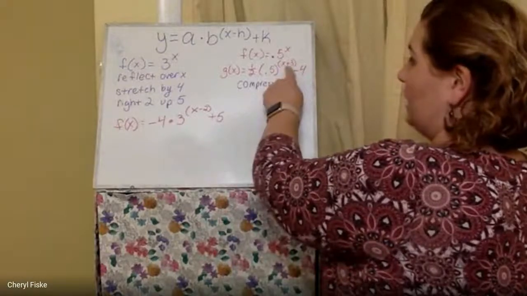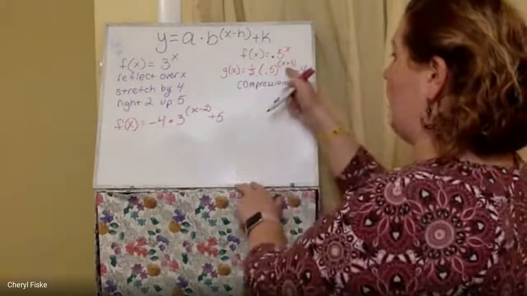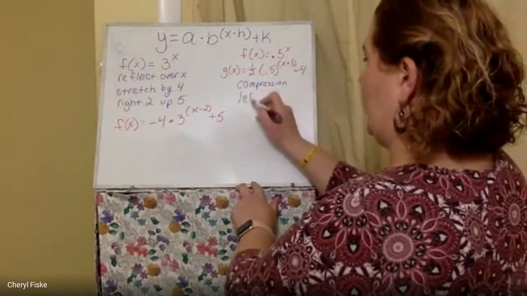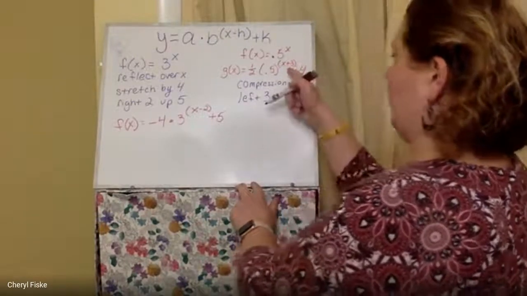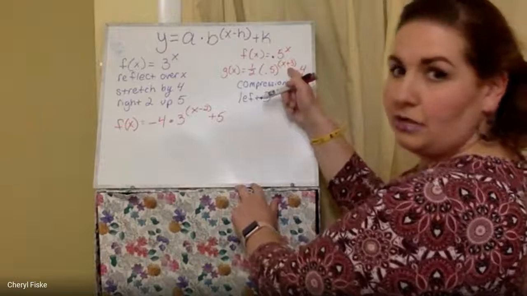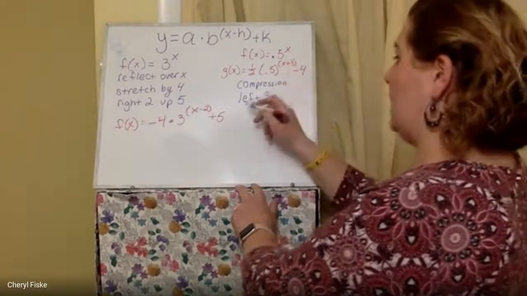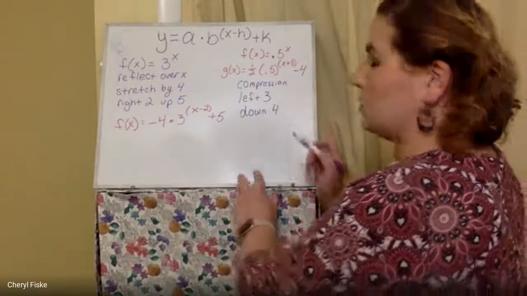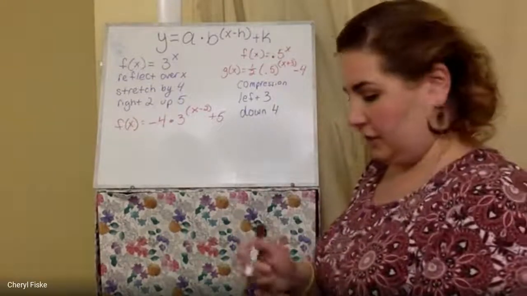This x plus 3 is going to do the opposite of what you think, and it's with the x, so it goes left 3, because with the x goes right or left, and it does the opposite of what you think, so that goes left 3, and then that one goes down 4. So that goes over those transformations.